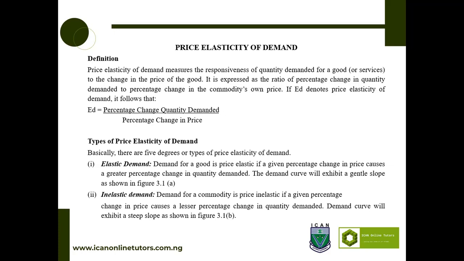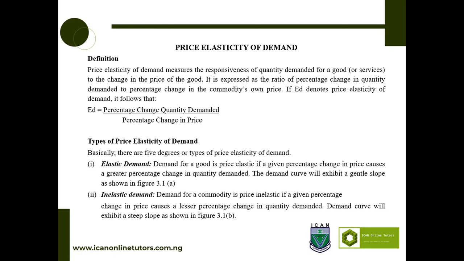As we have discussed under quantity demanded and supplied, we noted the law of demand and the law of supply, which states that when there is a rise in price, there will be a reduction in the quantity that will be demanded. On the other hand, when there is a reduction in the quantity demanded, that simply means the price of the goods and services is reducing in the market.